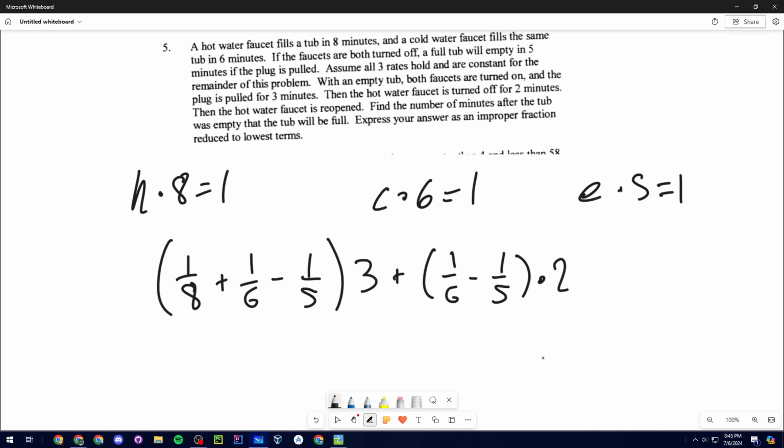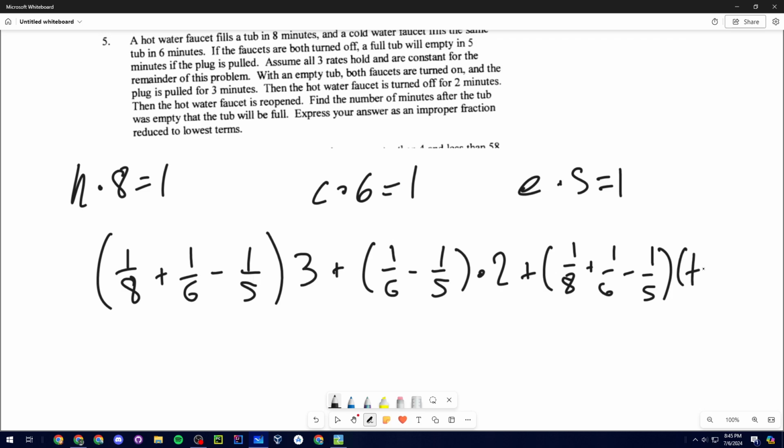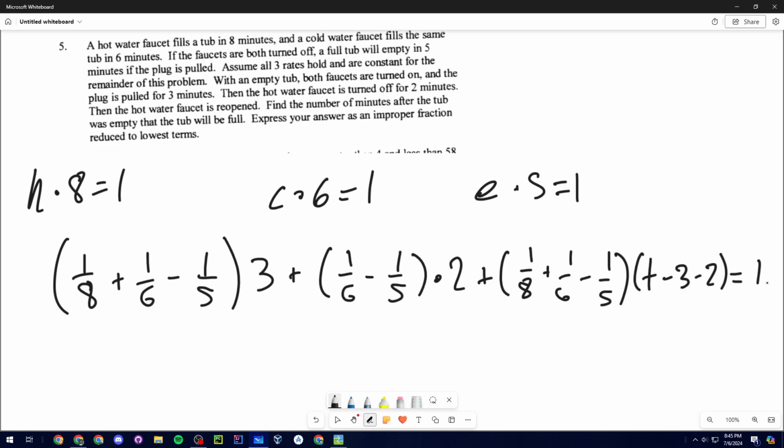And the hot water faucet is reopened, giving us a rate of 1 over 8 plus 1 over 6 minus 1 over 5 times t, but t minus 3 minus 2. And this is all equal to a full tub, which is equal to 1.